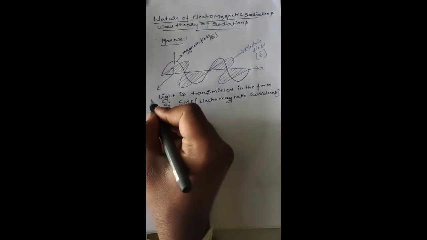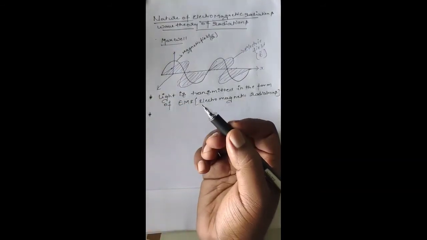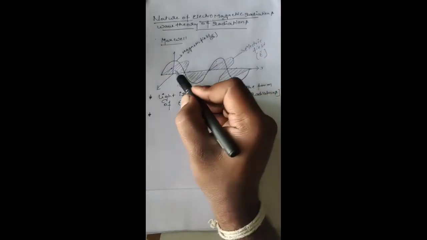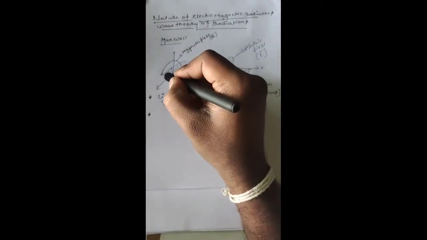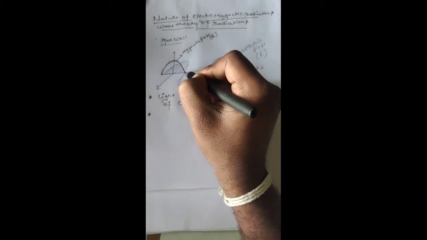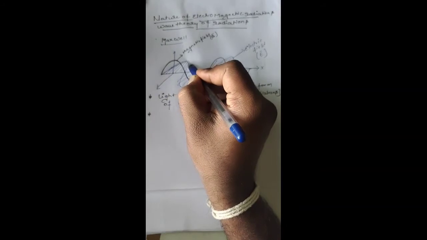The second point we are going to study: the electric and magnetic fields are perpendicular. You see, this is perpendicular, no? This is magnetic, this is electric. They both are perpendicular to the pathway.